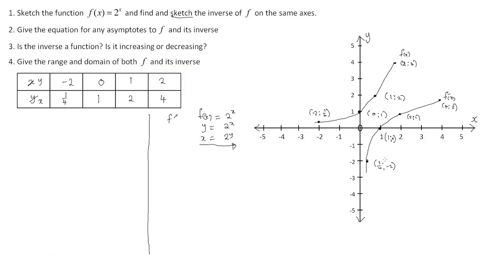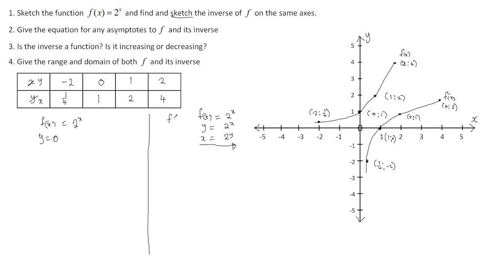So I think we are done with sketching the function as well as the inverse on the same axis. So question number 2 is give the equation for any asymptotes for the function and its inverse. When we look at the function that we have here, f of x is equal to 2^x, as you can see from this function itself, we do not have the c value, meaning that where the asymptote is going to cut, the y value will be at 0. So we know that y will be equal to 0.